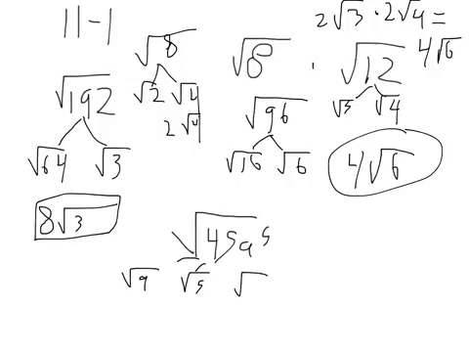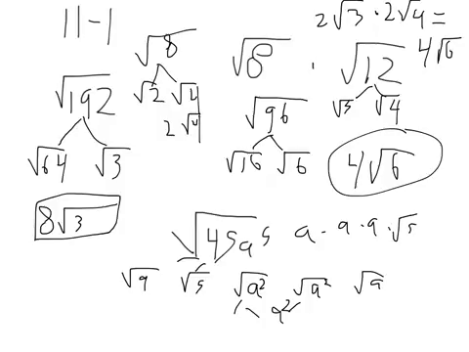It's best to turn it to square roots of a squared, square root of a squared, and the square root of a. Square root of a squared is the same as a. So these two both equal a squared together. So it'd look like a times 9 times square root of 5 times square root of a.